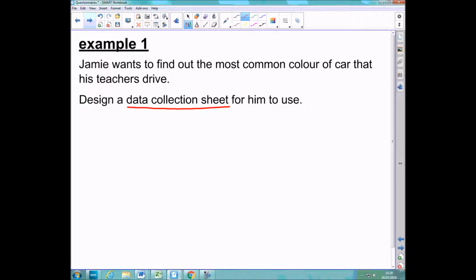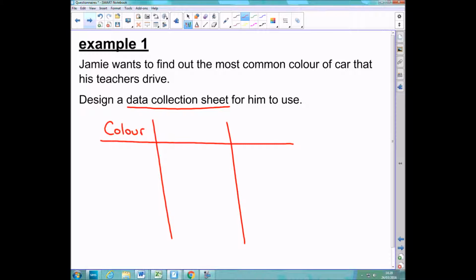So first off, he wants to find out the most common colour of cars. So we need to have a table heading of colour. The next column we're going to have in the table is the tally. And then finally, in the last column, we're going to write frequency.